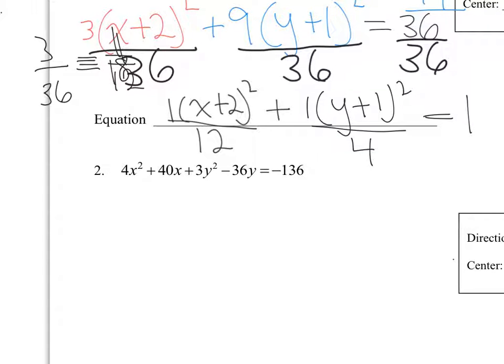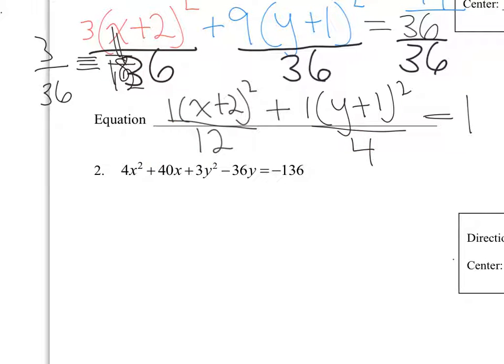And this is technically my final answer. I don't need to put the 1s in front, so these are not incredibly necessary. So it's really just x plus 2 squared over 12 plus y plus 1 squared over 4 equals 1.